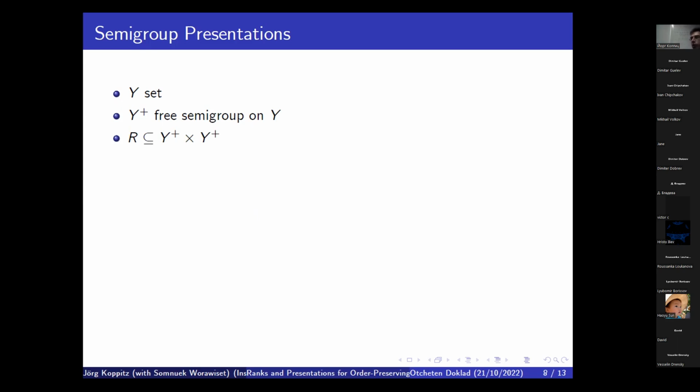At first let us recall what a semigroup presentation is. We need a set Y, and then we make the free semigroup over the set, and we consider a relation R on the free semigroup. From this relation we can generate in the usual way the congruence. That means we take the closure of this relation and obtain the congruence generated by R, which we denote by R sharp.